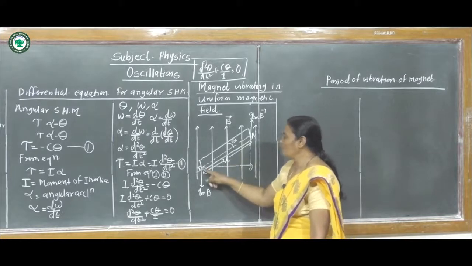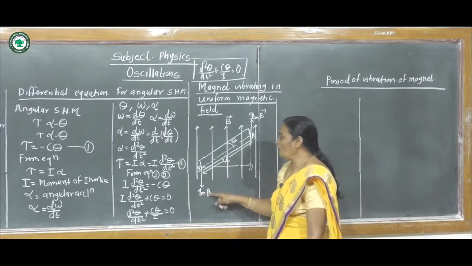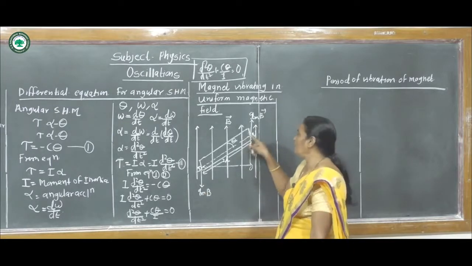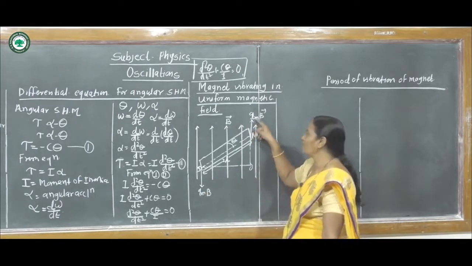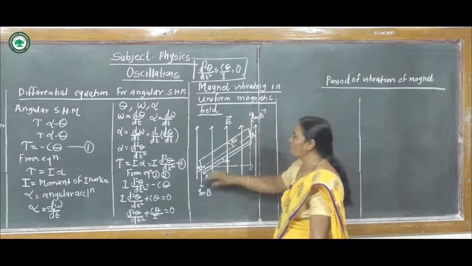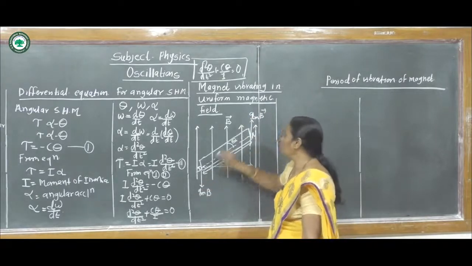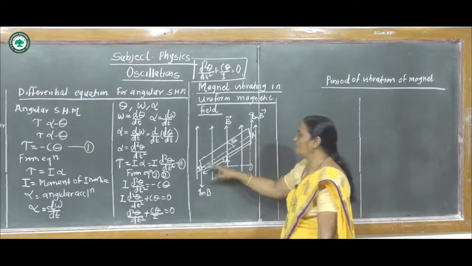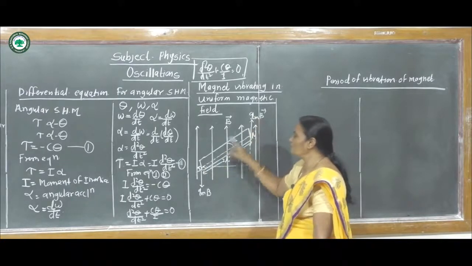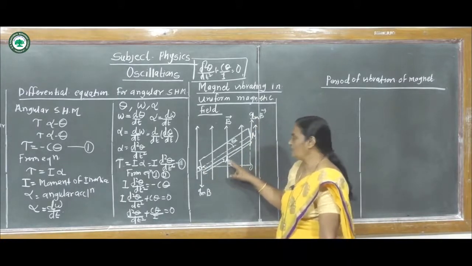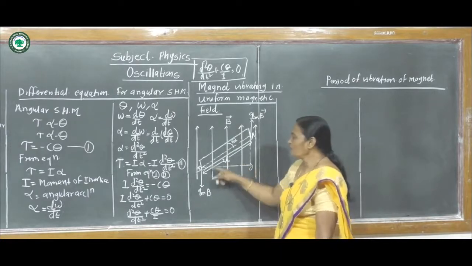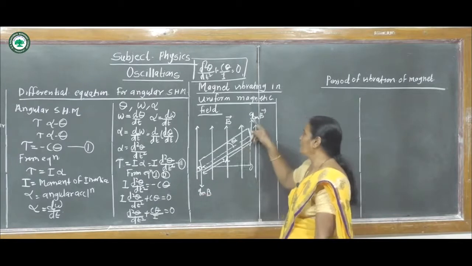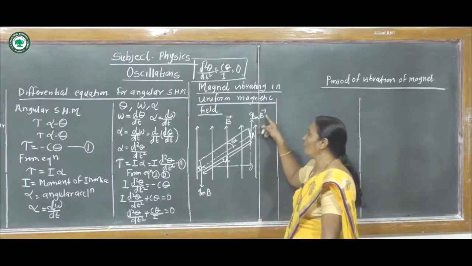Suppose there is a force qmB, this is one force and this is another force, and this is the distance. The distance between these two forces is twice L. One force is qmB and the other force is qmB.